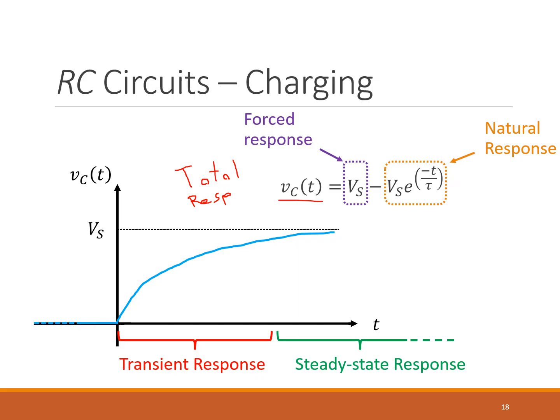So we can say then that our transient response is the response when our natural response is relatively large. So when our natural response is still in play, we're talking about this transient region. Once that decays to a negligible value, we're now in the steady state region. So once this forced response becomes more dominant, we're now in our steady state.